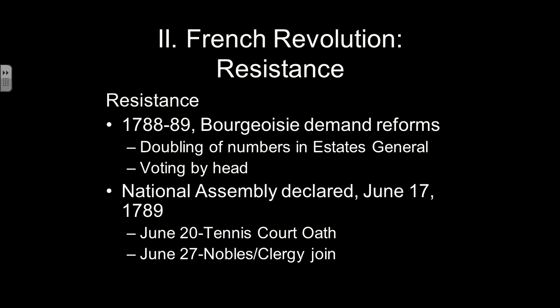You might find some clergy that are sympathetic to the ideas of the bourgeoisie, and they would vote against the members of their order with the bourgeoisie. So what the third estate is suggesting would completely change the rules of the game from automatically losing every vote to pretty much automatically winning every vote.